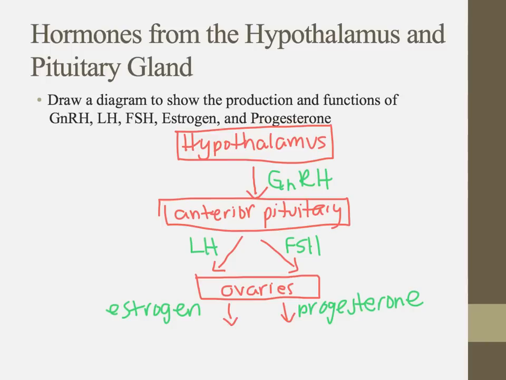Estrogen and progesterone both act on the endometrium, so they can affect how thick that endometrium lining is. Again, the hypothalamus produces GnRH. GnRH tells the anterior pituitary to produce LH or FSH. Those hormones tell the ovaries to produce estrogen and progesterone, which act on the endometrium.